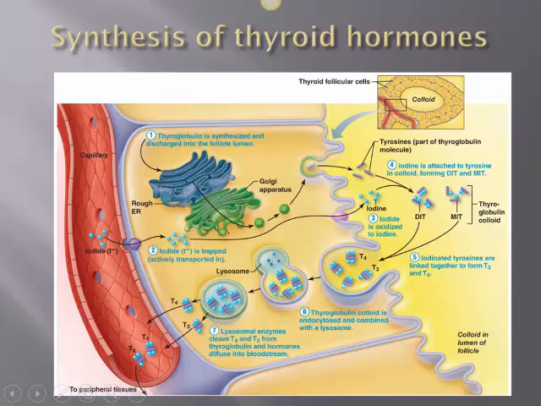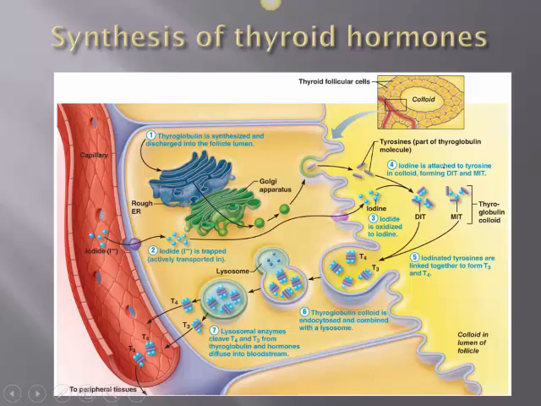Meanwhile, the cell produces a particular kind of protein which is known as thyroglobulin, which has an amino acid in it called tyrosine. So the cell also throws that thyroglobulin into the lumen. So you have iodine thrown into the lumen, and you have this thyroglobulin thrown into the lumen.